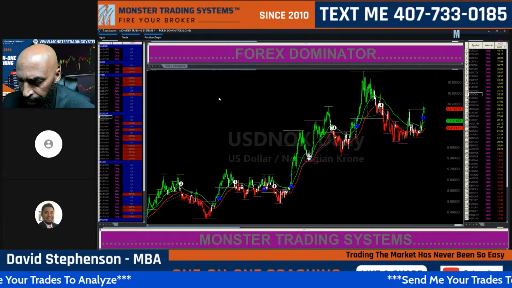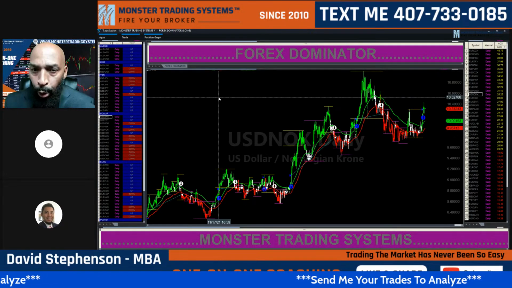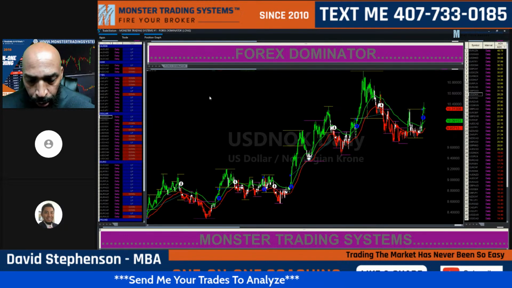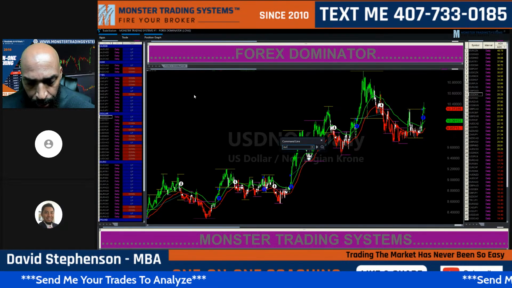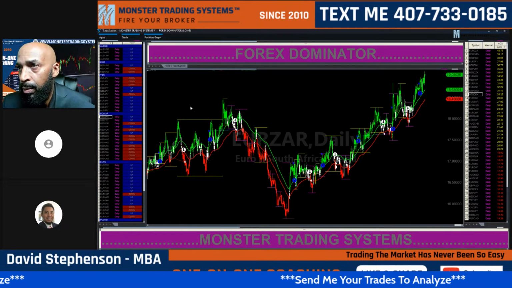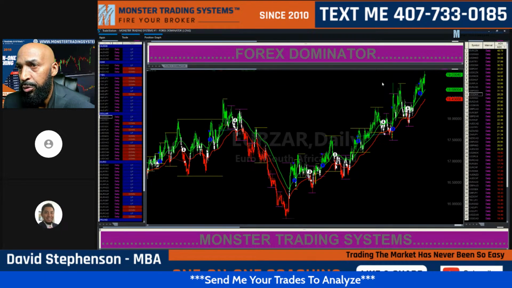Also, we have another trade setting up in the euro ZAR. So the ZAR is trying to make a move. The EUR ZAR has a buy signal here and is moving higher.